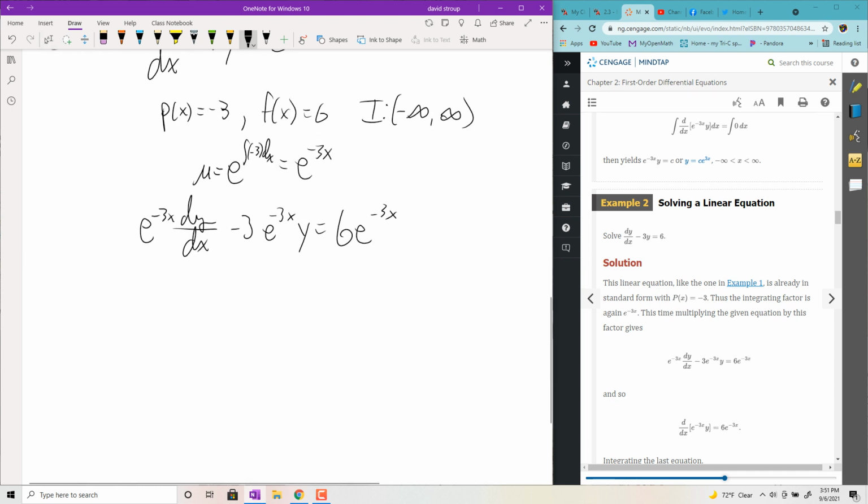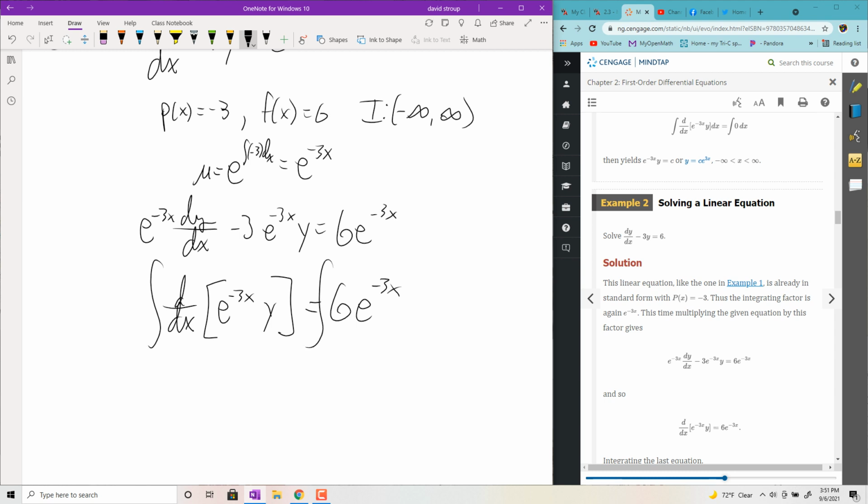And then I'm going to collapse the left into the derivative of mu, which is e to the negative 3x times y. And on the right, I just have 6e to the negative 3x. Then I'm going to integrate both sides with respect to x. On the left, the integral and the derivative cancel, and you get e to the negative 3xy.